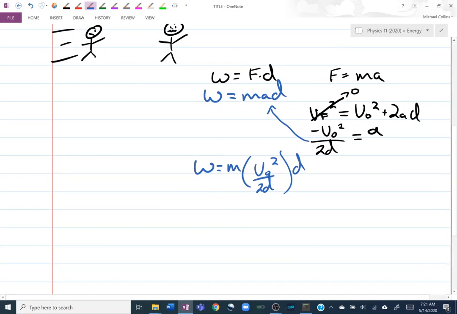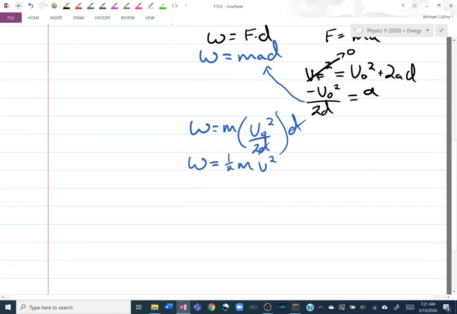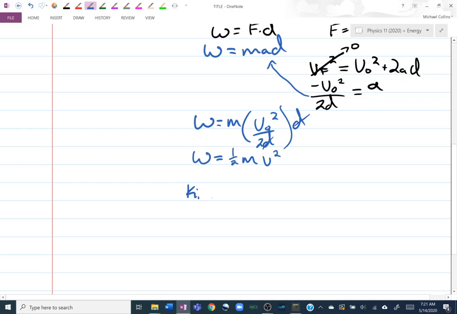We notice how my displacement cancels. This is independent of the distance he applies the force over, but the amount of work he could do is dependent on just his mass and his velocity. This is the definition of kinetic energy. So the kinetic energy is equal to 1/2 mv squared.